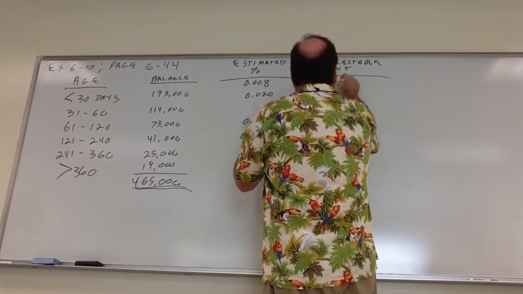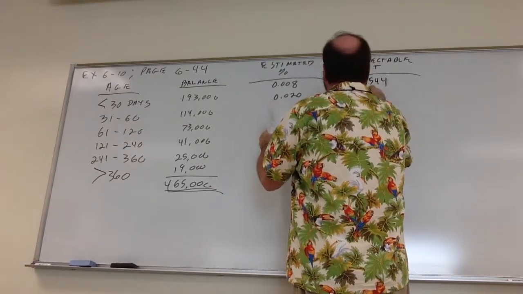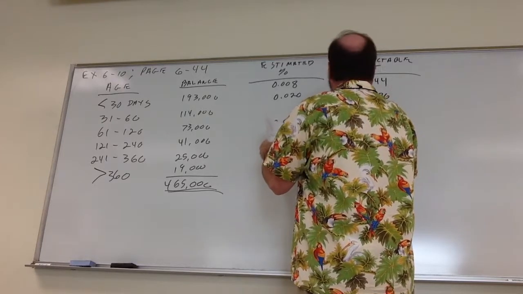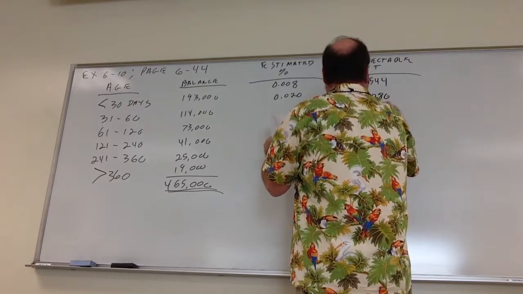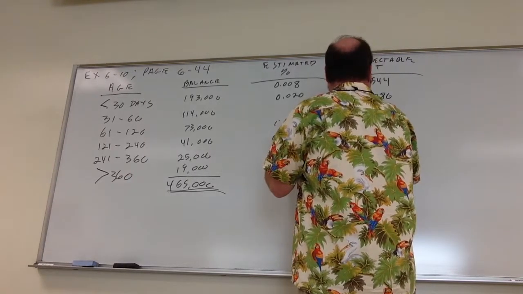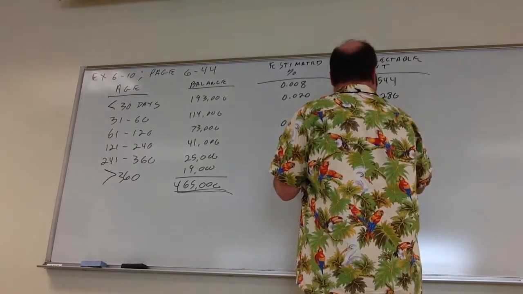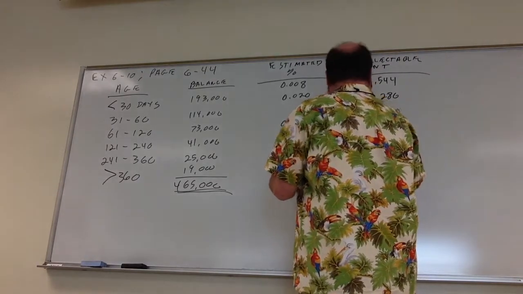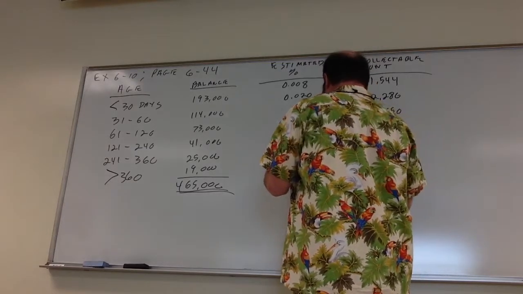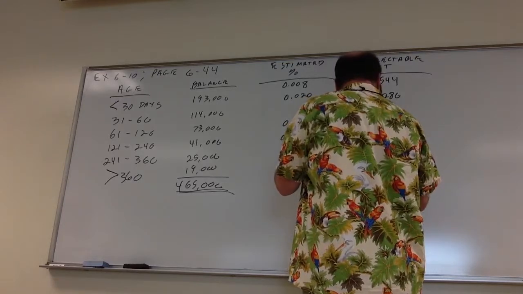You get 1,544, 2,280, 3,650, 8,200, 8,750, and lastly 11,600.